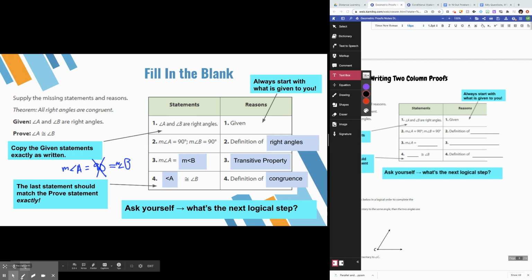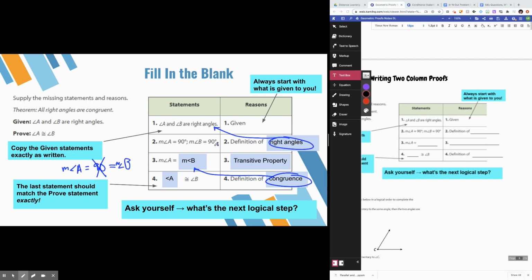Okay, so I'm hoping, like I said when we were just matching statements to reasons, that you can see a clue for the reason in the previous step, right? You can see a clue or a key phrase that will help you figure out what the reason is.